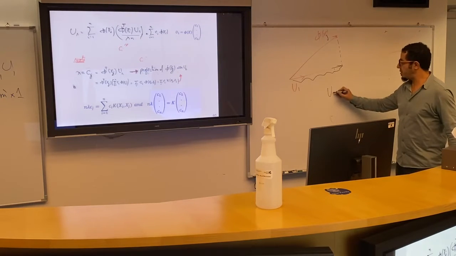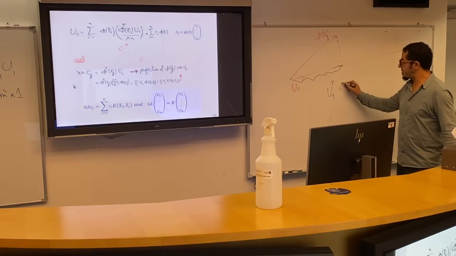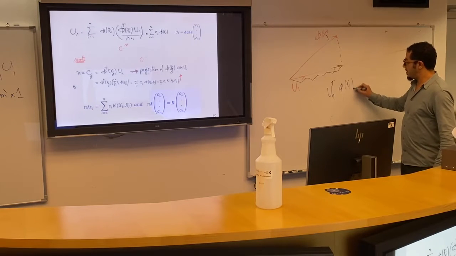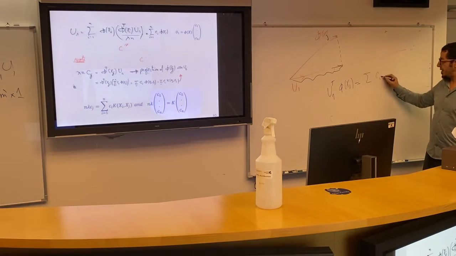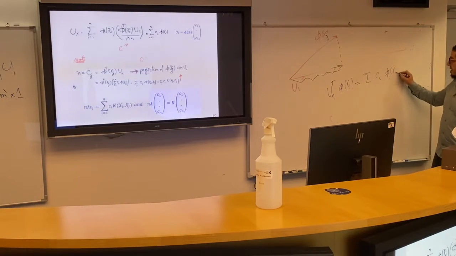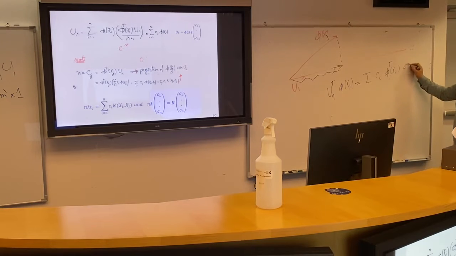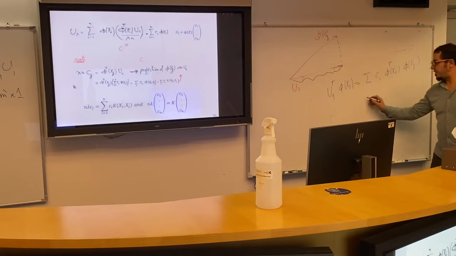Here we multiply u1 transpose times x_j, right? What is u1, please? u1 is the sum of ci phi of xi transpose times phi of x_j, right? And what is this one here, please?